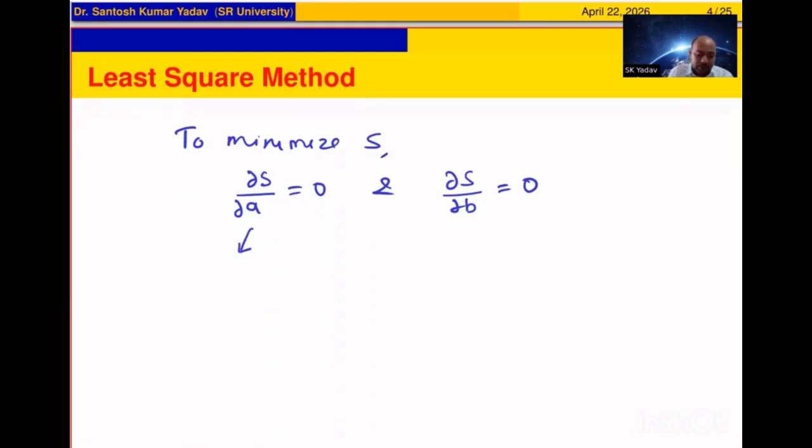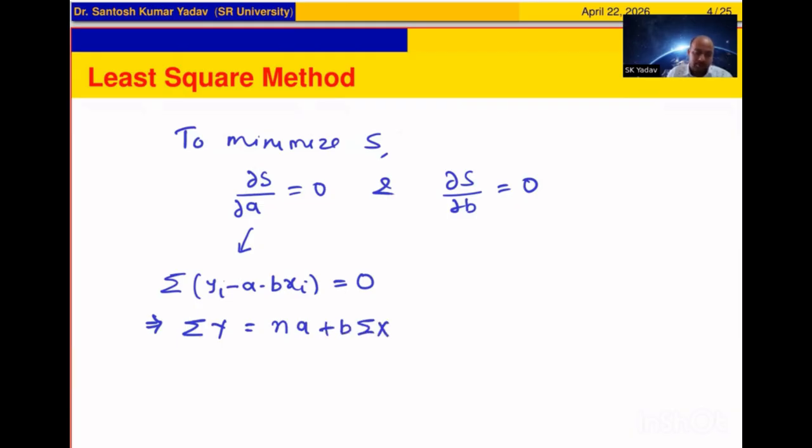By this, I will get simply, I can write here now again summation of yi minus a minus b xi. The square will go out to the right side and becomes 0 here. And this means if I open this summation, so this means summation of y equals n times a plus b summation of x.